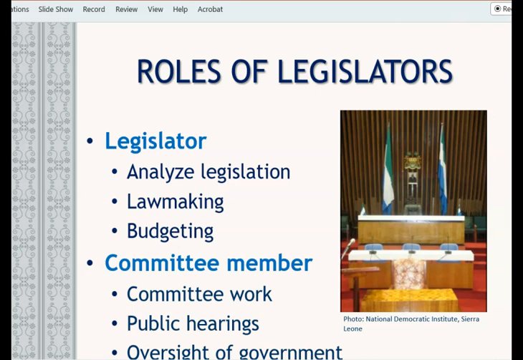So again, as I said, their job is they analyze the laws, they analyze legislation, they make laws, and then they do the budgeting. The budgets that are set up for running the country come out of Congress as well. Congress has to approve them before they go to the executive branch. And then there are all the committees that the Congress people sit on. It's required to do committee work, and even within their various committees, there are some that are much more powerful, like the Ways and Means Committee, for example.